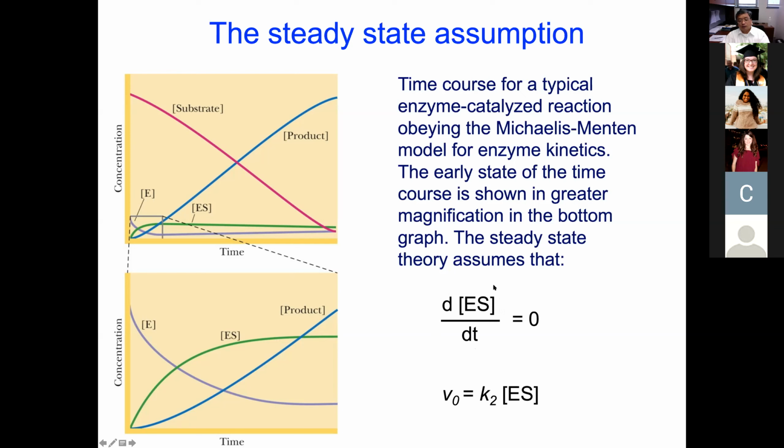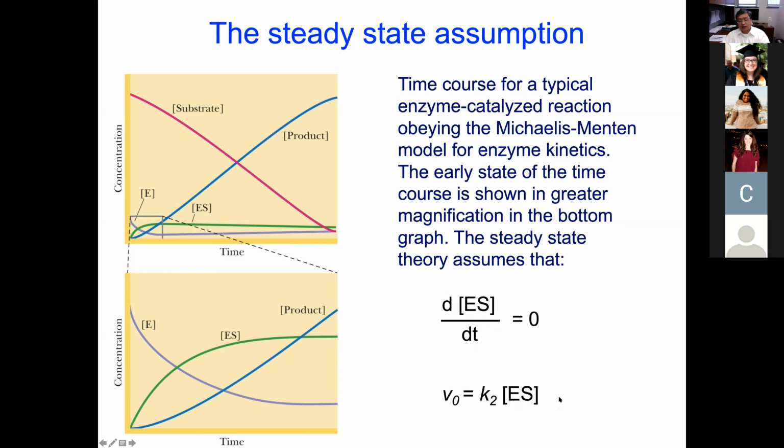So this is the rate of change of ES concentration as a function of time. If we assume this steady state, now we can derive the velocity of the reaction, which equals K2 times ES.